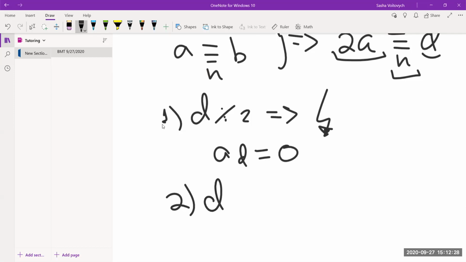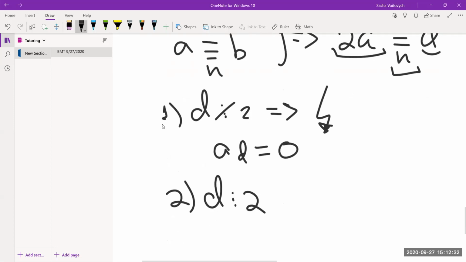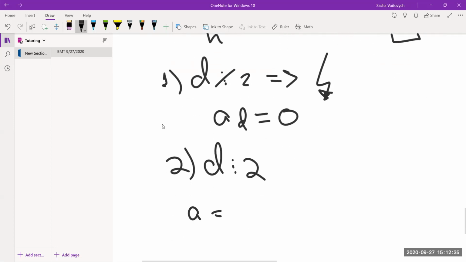So if D is even, then we have one obvious solution to this system, which is A equals B equals D over 2.